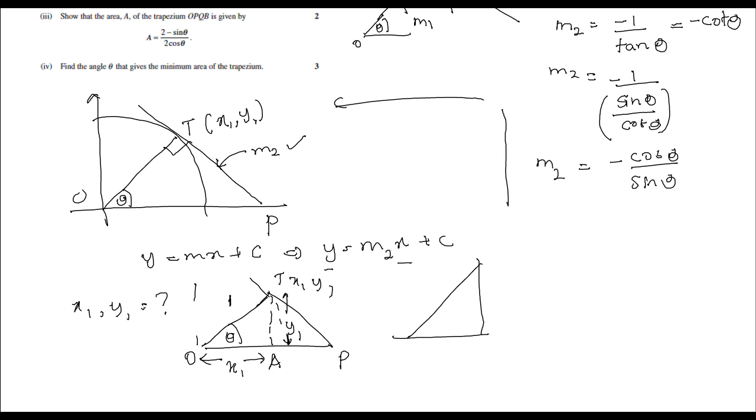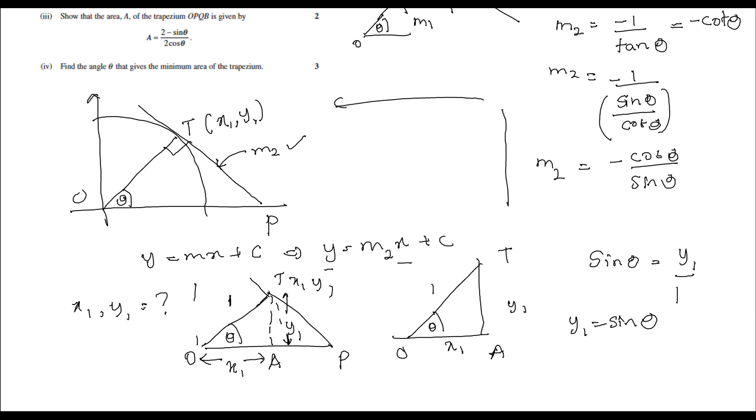So if I write down this triangle separately, O, A, T, 1, this is y1, this is x1. I'm trying to find x1 and y1. For this angle theta, I can write for this triangle sine theta is the opposite over the hypotenuse, then that is 1. So my y1 would be sine theta.